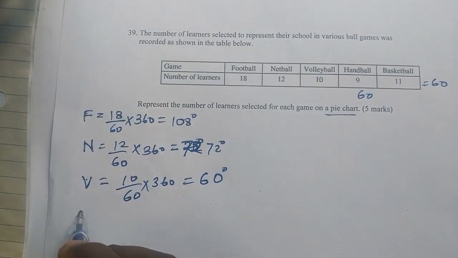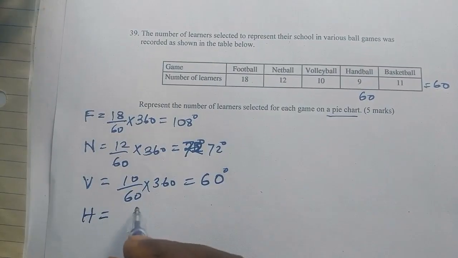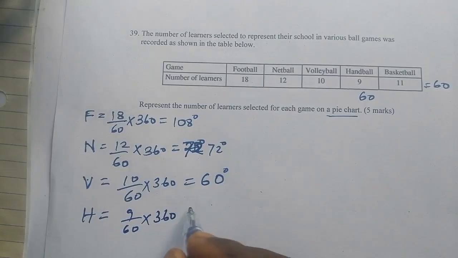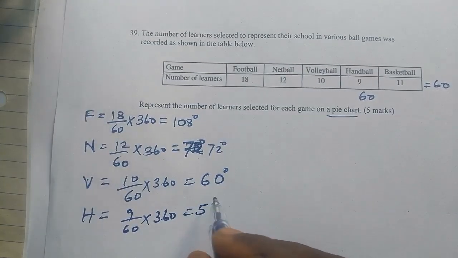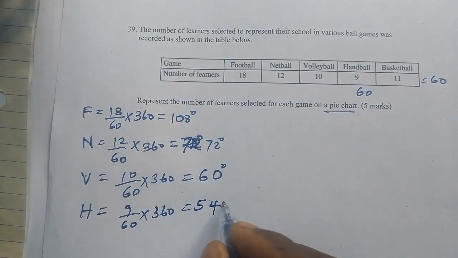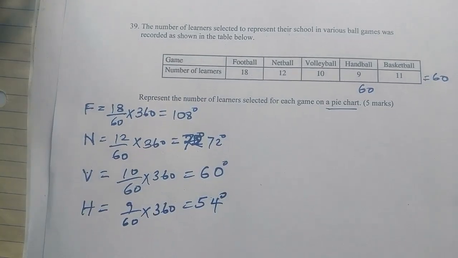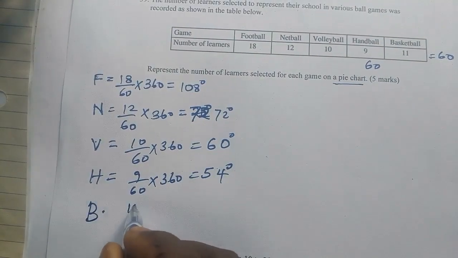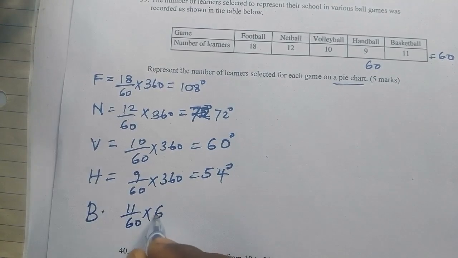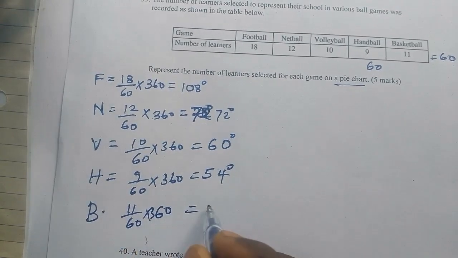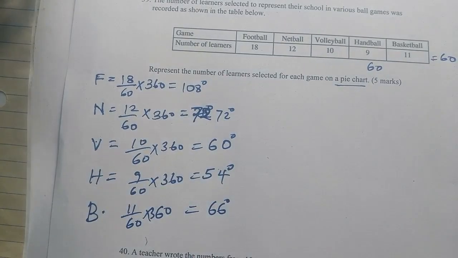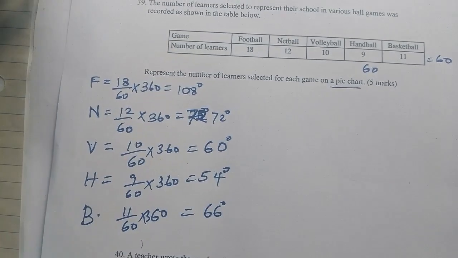Those who are doing handball, it is 9 over 60 times 360. It is 54 degrees. And those who are doing basketball, it is 11 over 60 times 360, and that is 66 degrees. Now you draw a circle.